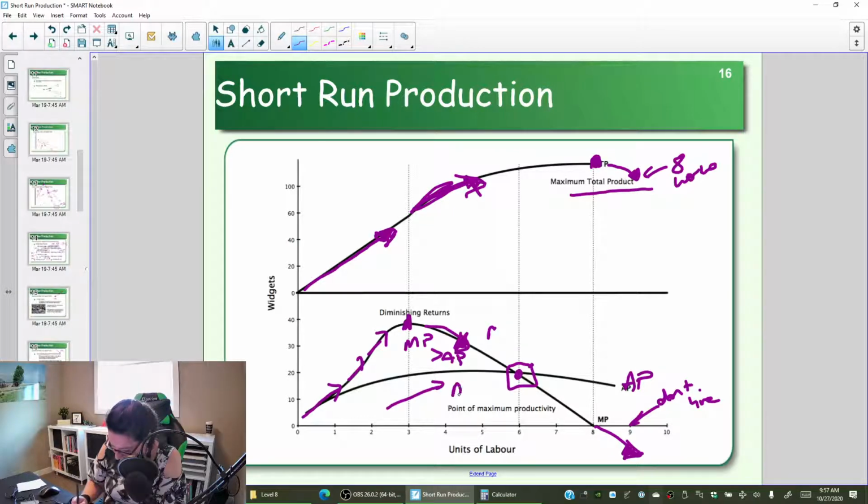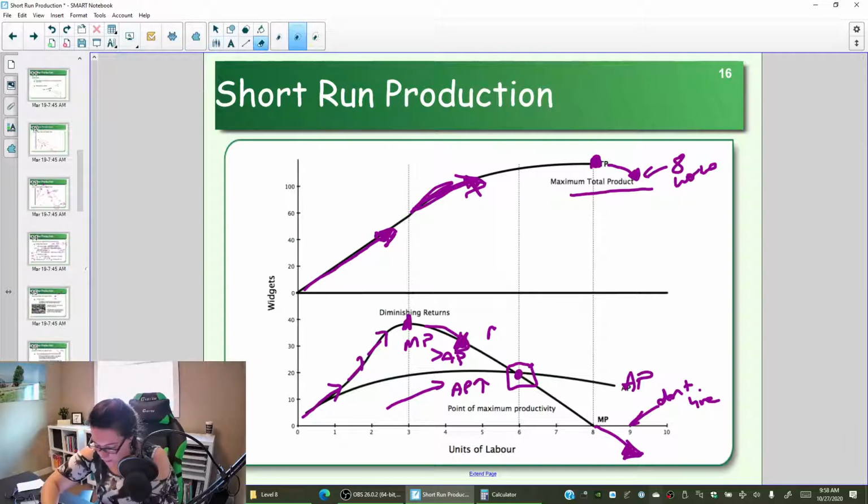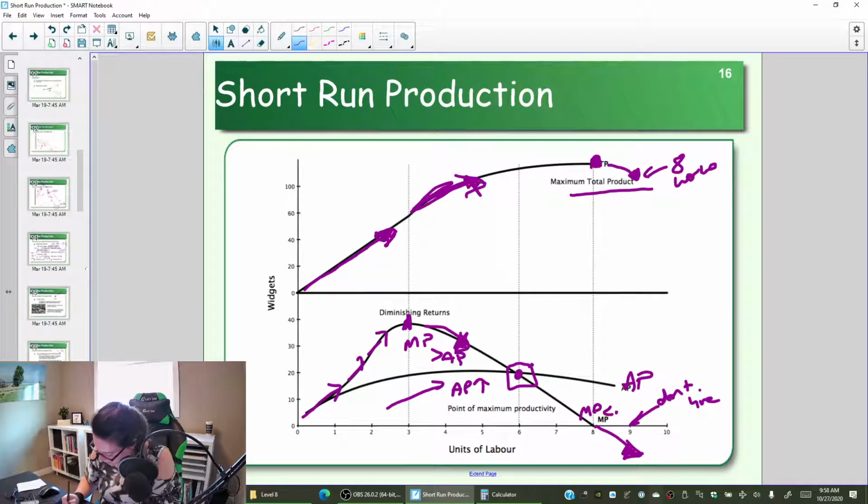Right here, the average is going up. When the marginal is less than the average, the average will go down. So where are your workers the most productive? It's going to be here at 6 units of labor, where the marginal product and the average product intersect.